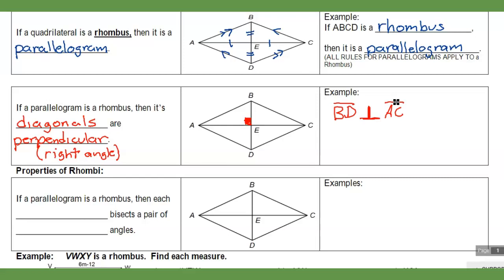Okay. And what about the diagonals? Also, let's go orange. Diagonals, again, it's always about the diagonals. There's always something special with those. Each diagonal bisects a pair of opposite angles.